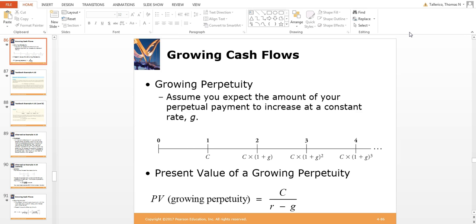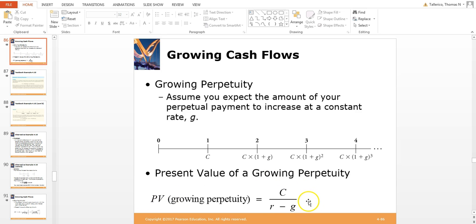So basically, your payment's going to increase at a rate G. For instance, you can endow a college fund and tell them, I'm going to increase the payment every year. So here's the equation for the growing perpetuity.